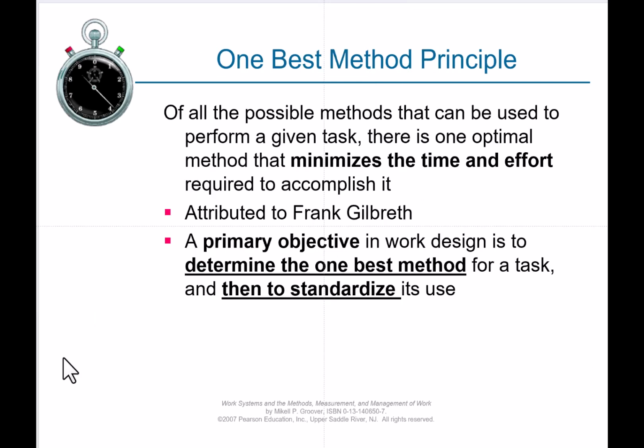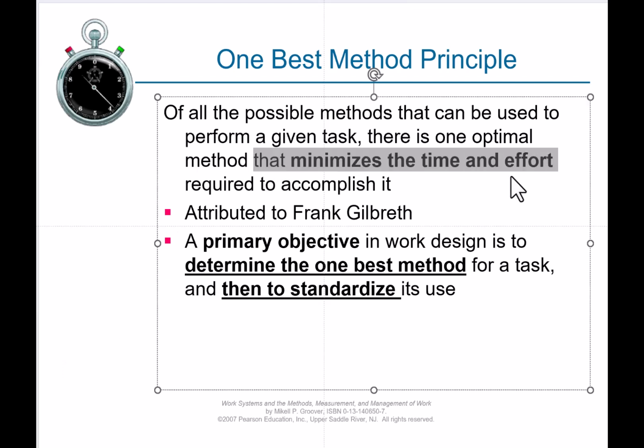The other is called the OBM, and we already started to use this concept in our last lab, trying to find the one best method. So in all your analysis, our goal is to minimize the time and effort required to accomplish the task.